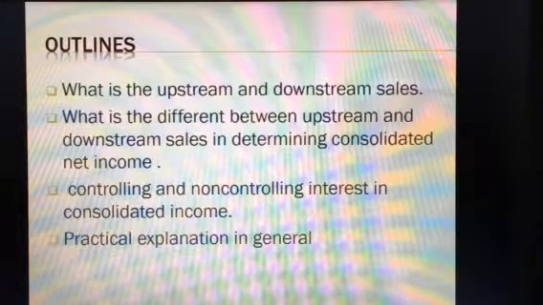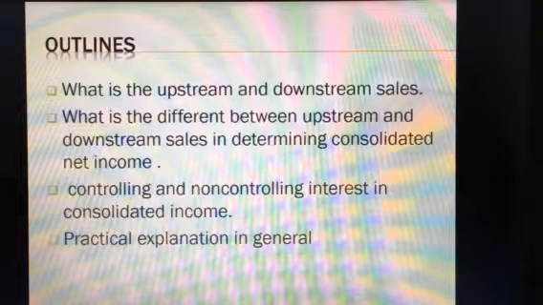First, I will talk about what upstream and downstream sales are. Then I will talk about the difference between upstream and downstream sales in determining consolidated net income. Next, controlling and non-controlling interest in consolidated income, and the last is a practical explanation in general.